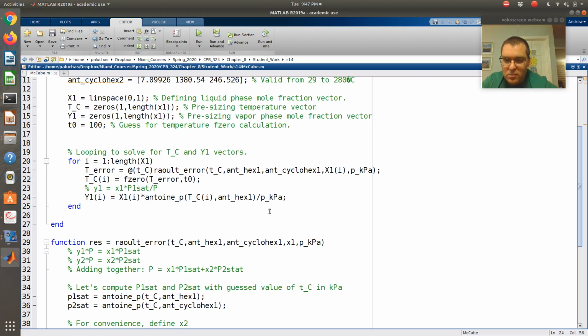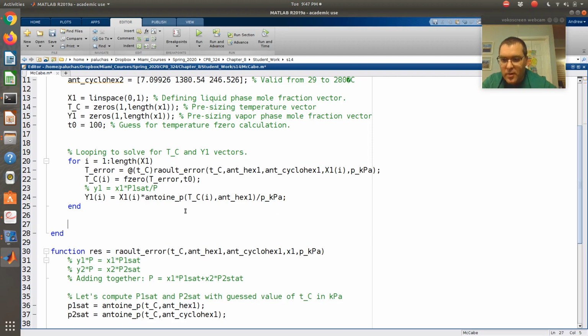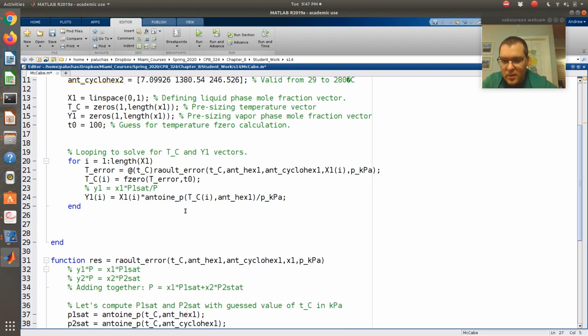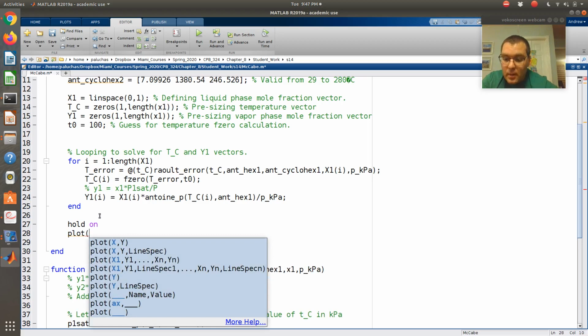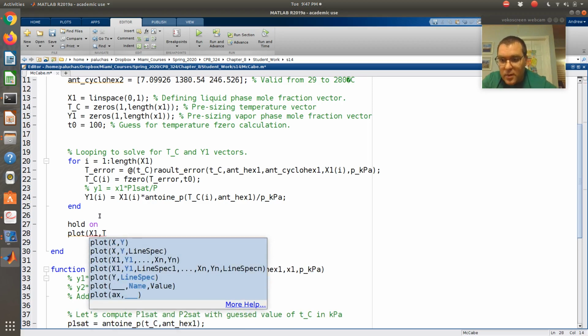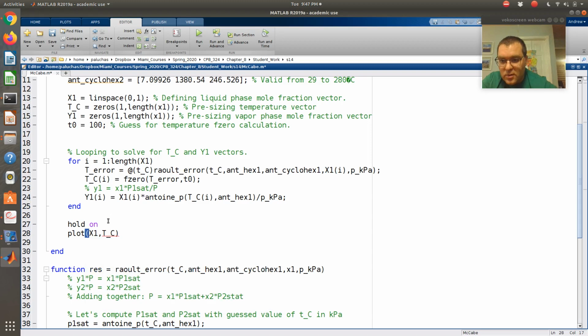Okay, and that should be it. And then if I want to confirm it's working, let's create a plot. So we'll do a hold on, and let me plot x1 comma t underscore c. So this is temperature versus x1. We can plot that as, say, a red line.